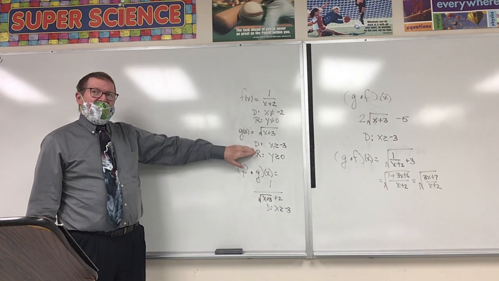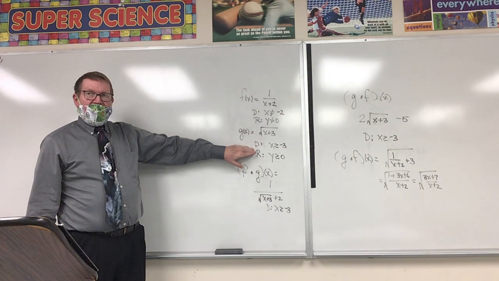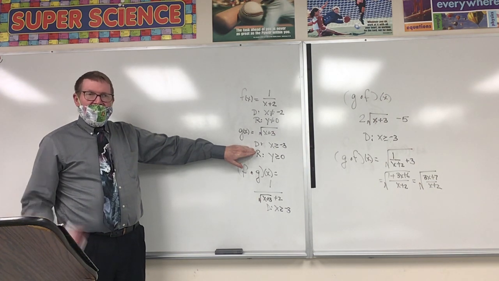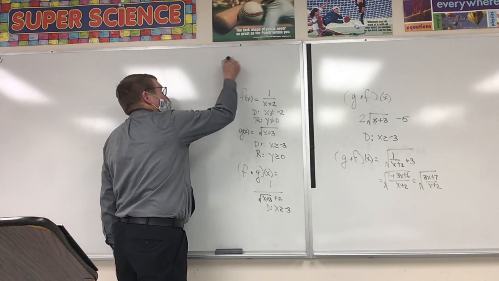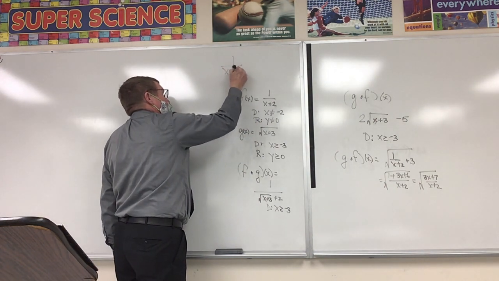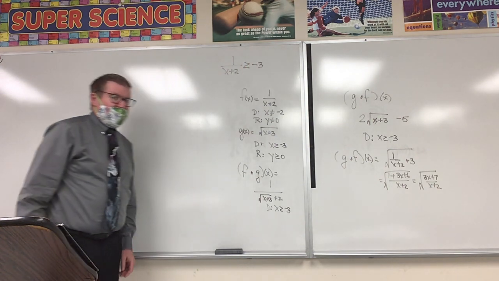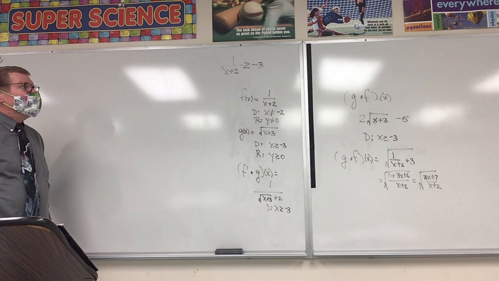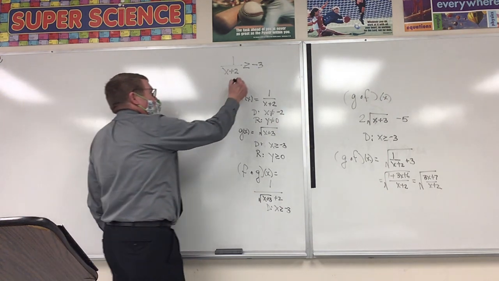No. I need to make sure everything is greater than -3. So how do I figure that out? I go back and take the function 1 over x plus 2 and say it must be greater than or equal to -3. How do I solve this? I cross multiply.